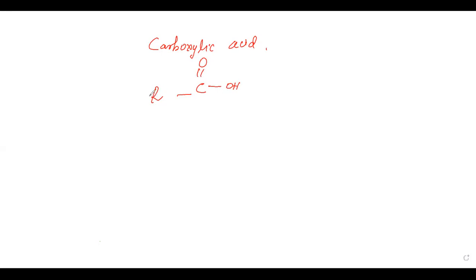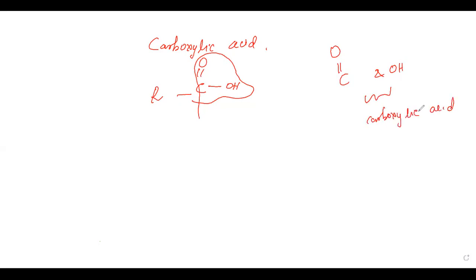When we talk about the carboxylic acid, it simply has the COOH group. Here you should be able to understand that you have the carbonyl carbon and the OH group. The combination of this we call the carboxylic acid. This is your structure.